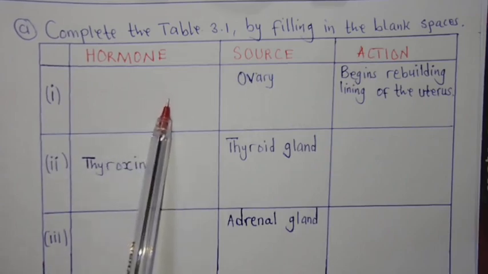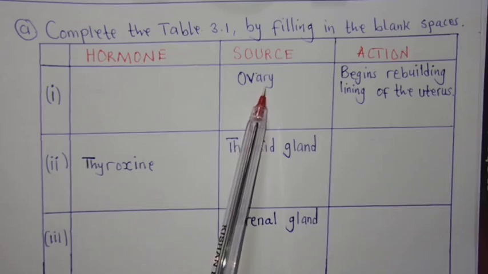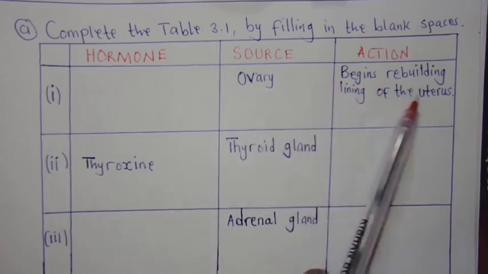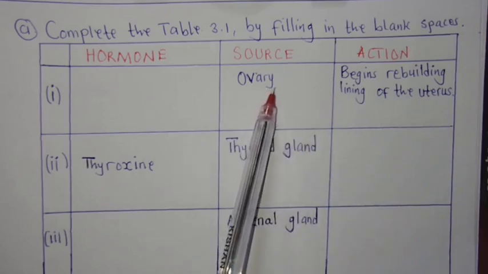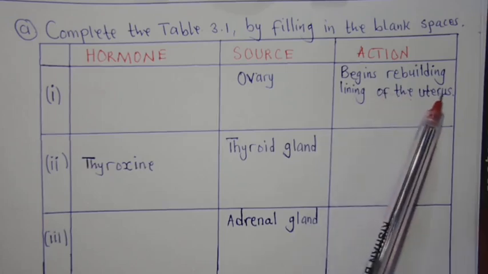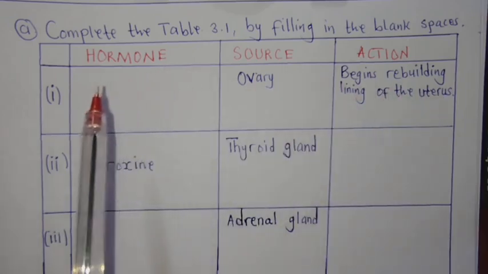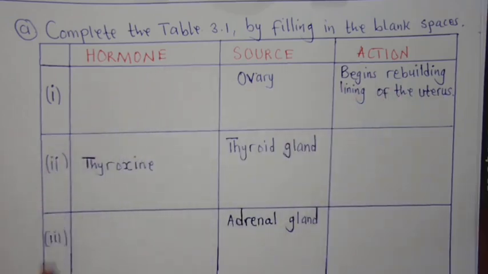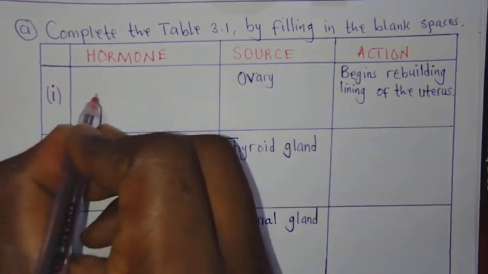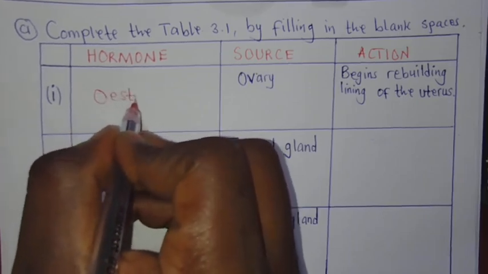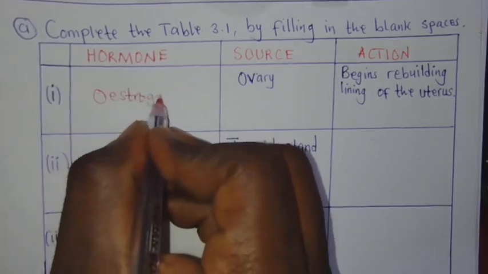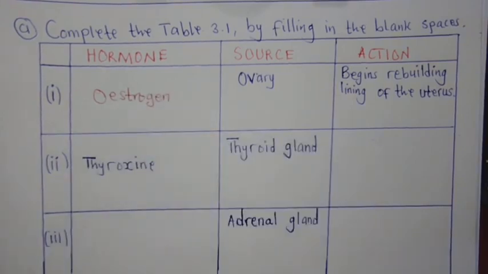What hormone? Okay, produced by the ovary and begins rebuilding lining of the uterus. So the hormone that is produced by the ovary and begins rebuilding the lining of the uterus is the estrogen hormone.